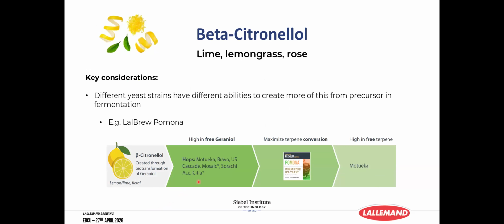You want to choose a varietal that's high in free geraniol, or you want to combine it with varietals that are high in bound geraniol that will be freed up during biotransformation, and have a strain. In this case, Pomona is one that can definitely help maximize the terpene conversion to have a lot of this in your final beer.